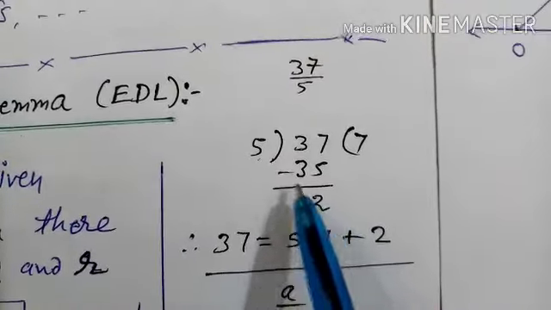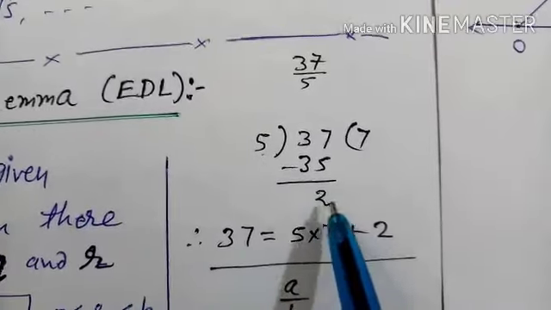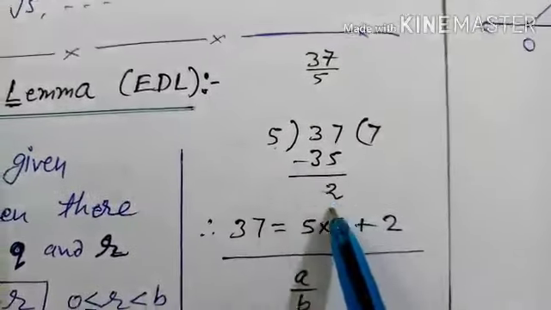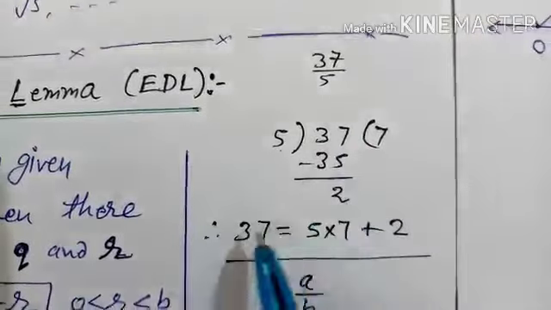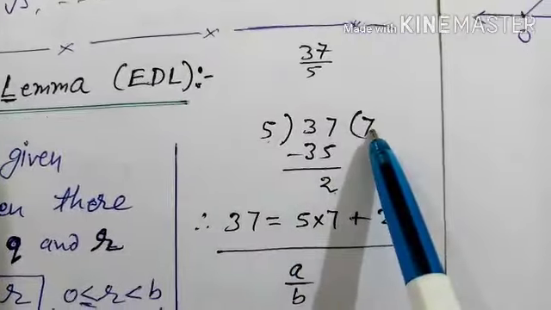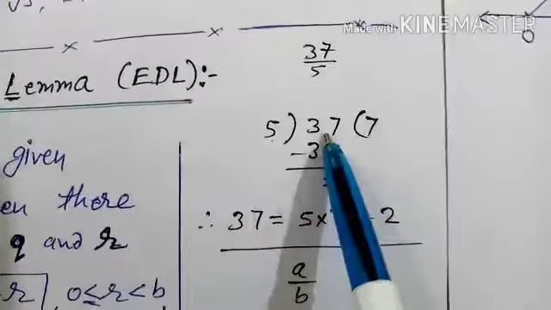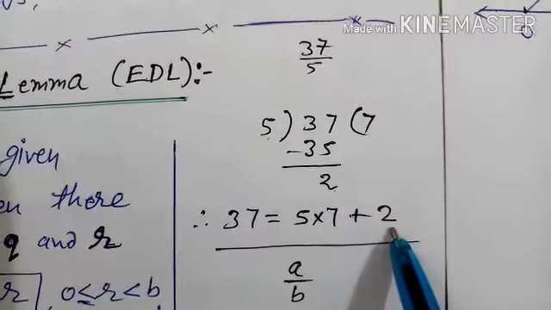Since the remainder is less than the divisor, which is 5, we stop division. So we can write like this: 37 is equal to 5 into 7 plus 2. Here 37 is the dividend, 5 is the divisor, 7 is the quotient, and 2 is the remainder. Dividend is equal to divisor into quotient plus remainder.